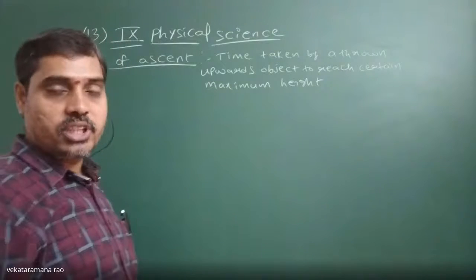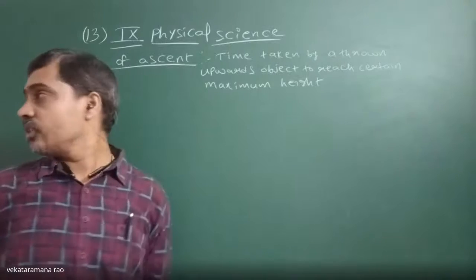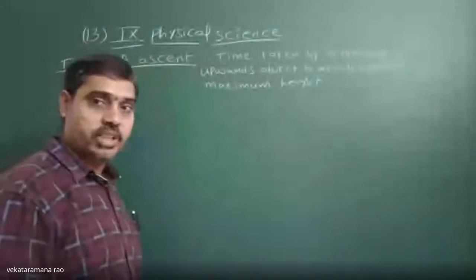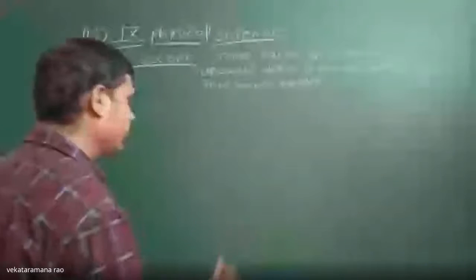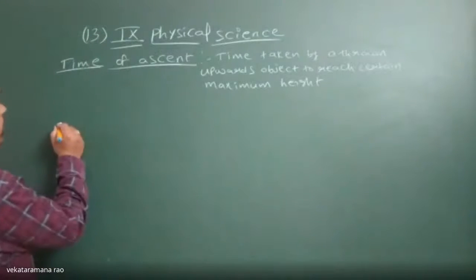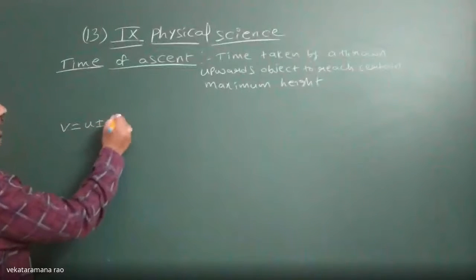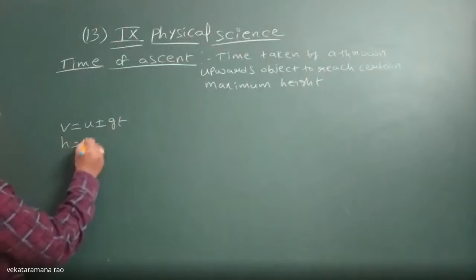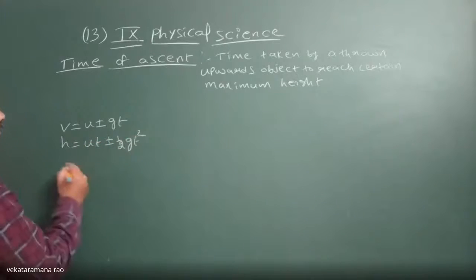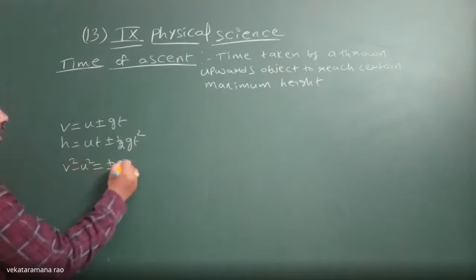Now from which equations can we derive the time of ascent? We have the equations for a body under gravity: v is equals to u plus or minus gt, h is equals to ut plus or minus half gt square, and v square minus u square is equals to plus or minus 2gh.